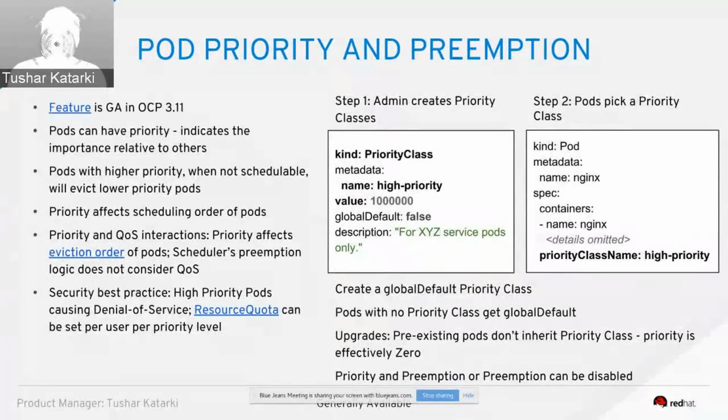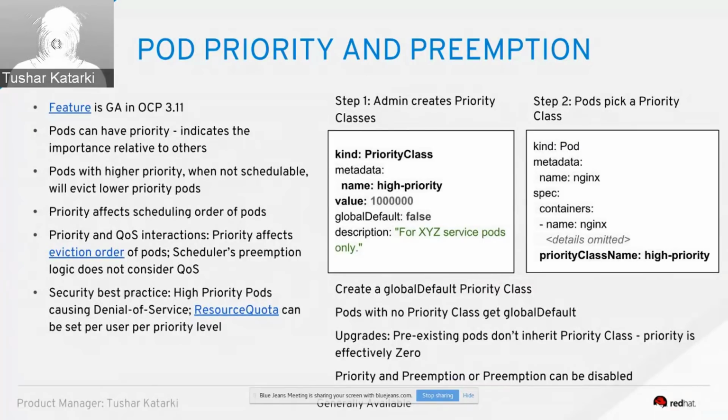An important feature that we GA'd with 3.11 is pod priority and preemption. Right now pods do not have the concept of priority. What this allows you to do is give pods a priority, and that indicates to Kubernetes and to the OpenShift scheduler the relative priority of this pod with respect to others.